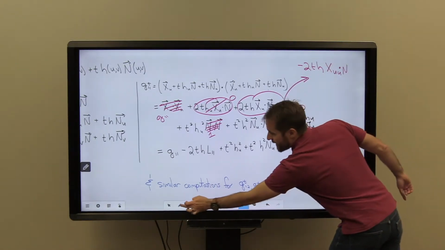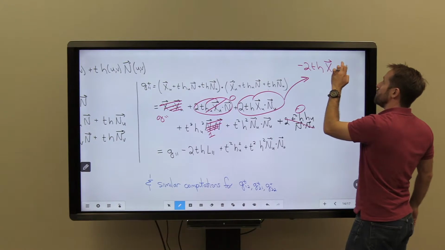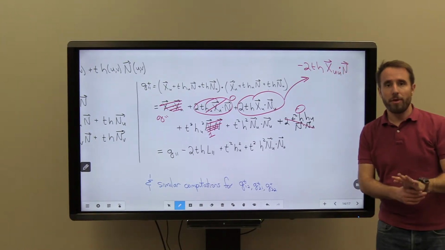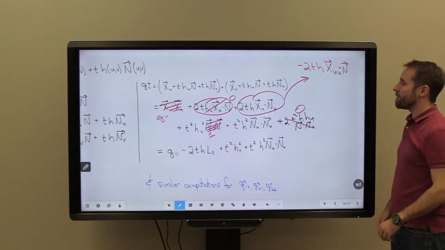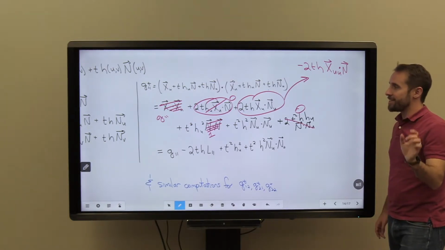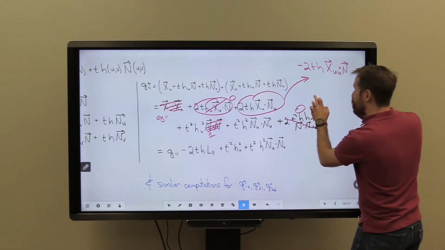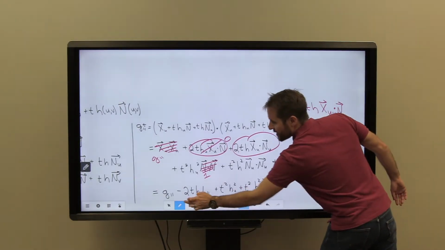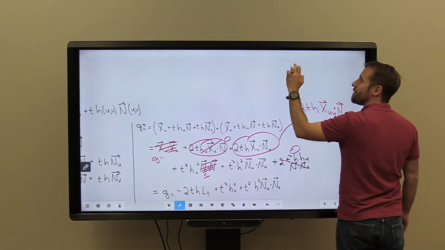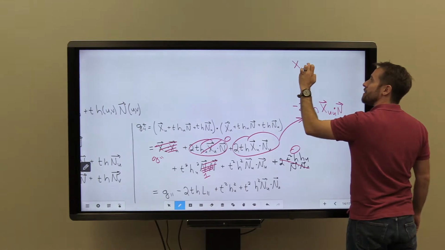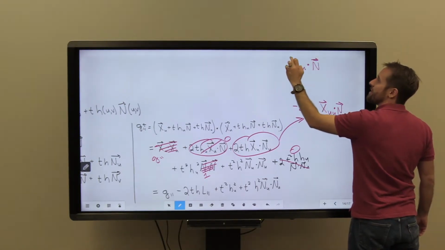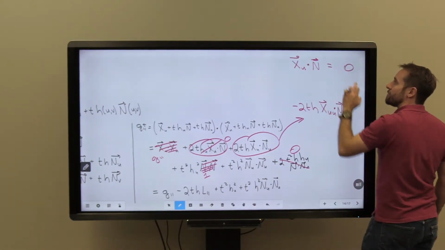And now why is that? Well, that is really coming from the fact that if we take x sub u and dot it with n, it equals 0. We said already this expression just equals 0.